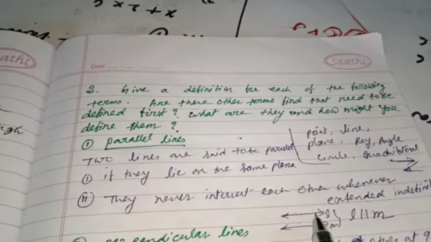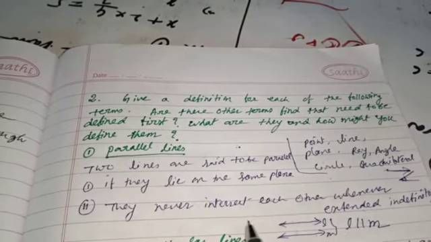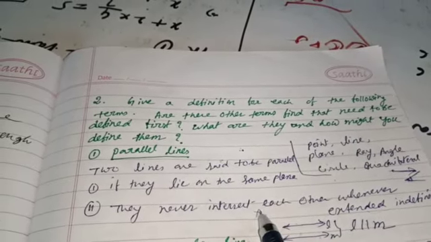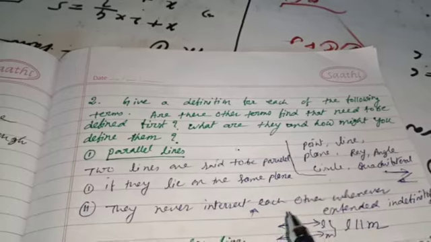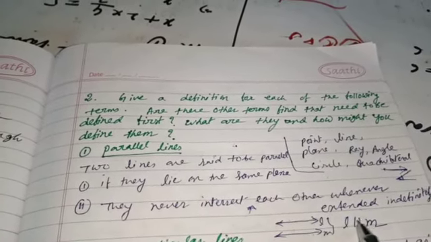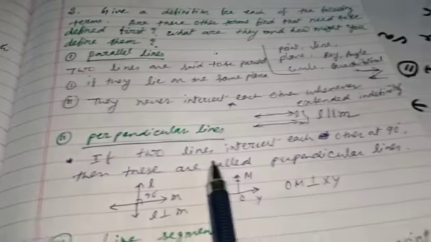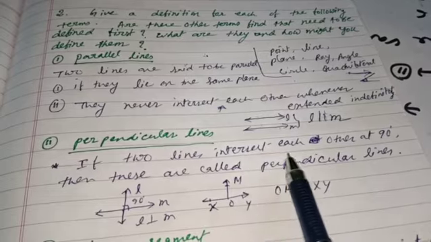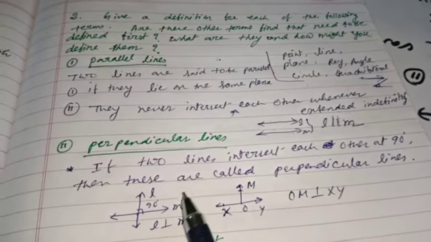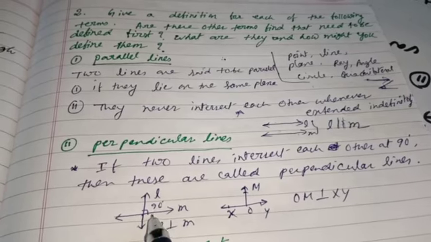Second, they never intersect, if you extend them from either side. Only that type of lines you can call parallel lines. Here, L is parallel to M. This is the parallel symbol. Understood? Perpendicular lines: if two lines intersect each other at 90 degrees, then they are called perpendicular lines.